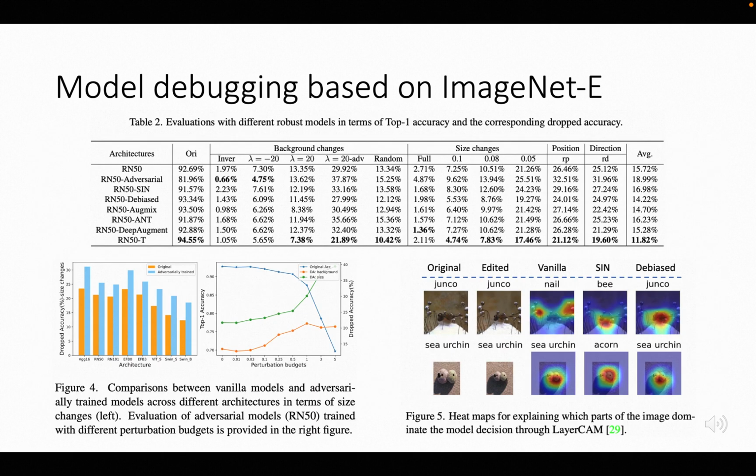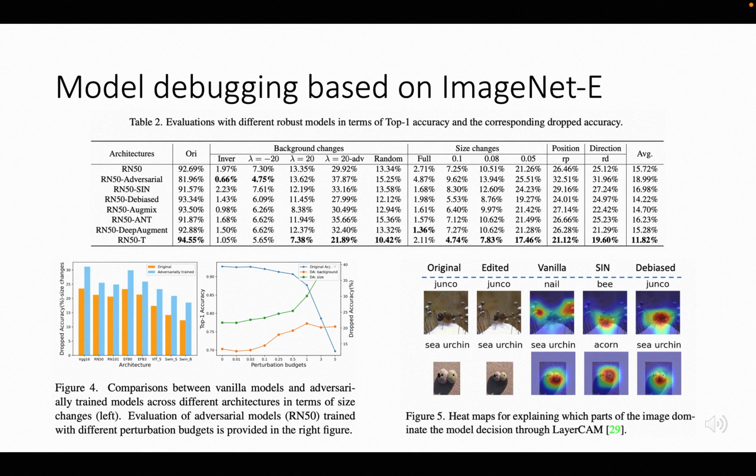Adversarial training is one of the state-of-the-art methods for improving the adversarial robustness of deep models and has been widely studied. To find out whether they can boost the attribute robustness, we conduct extensive experiments in terms of different architectures and perturbation budgets. As shown in Figure 4, the adversarially trained ones are not robust against attribute changes, including both backgrounds and size-changing situations.